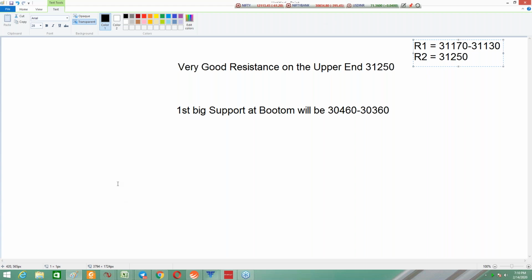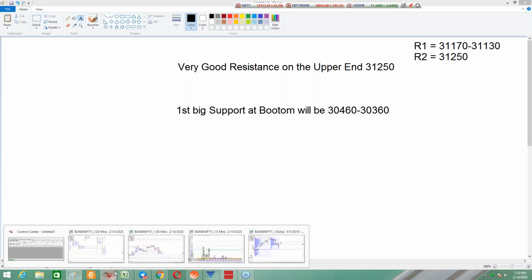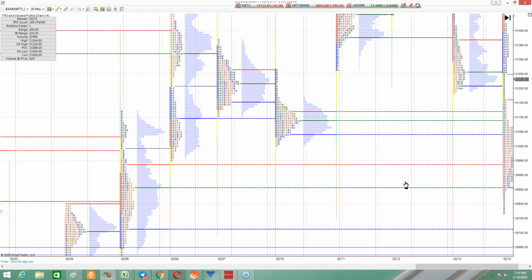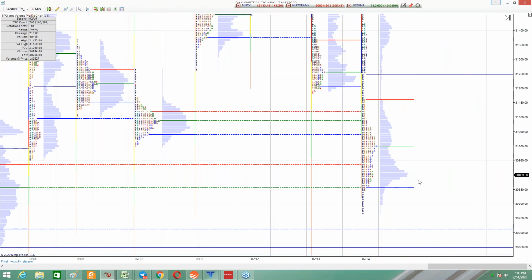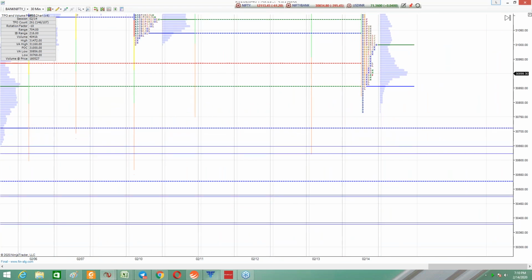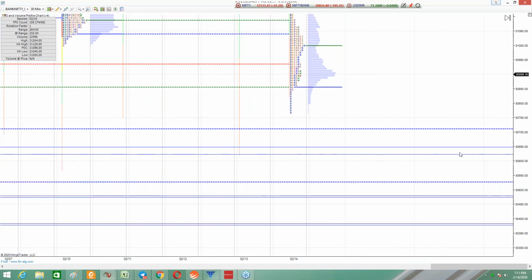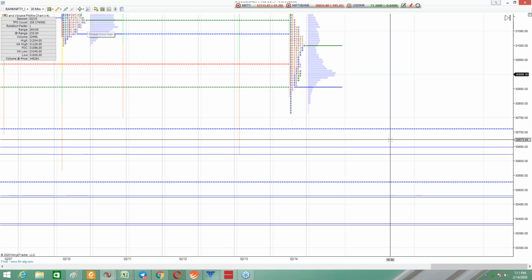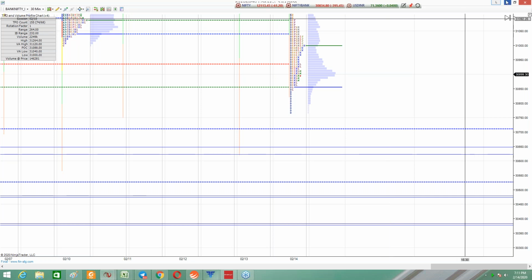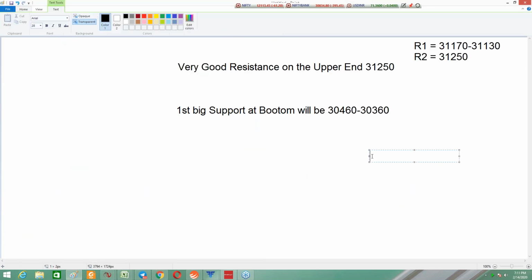On the bottom end, the first support as per market profile will be 3652, roughly 3620, S1.